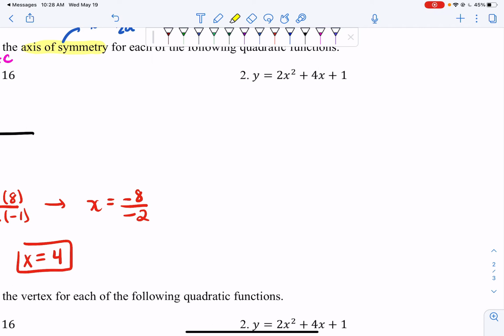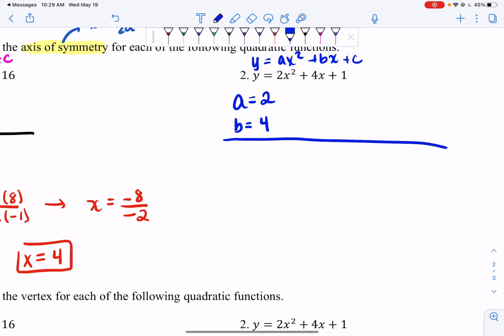Number 2, we have y equals 2x squared plus 4x plus 1. The first thing I do is I write down y equals ax squared plus bx plus c. I now identify my a value. My a value is a 2. My b value is a 4. And now I substitute. We know our axis of symmetry rule is x equals negative b over 2a.